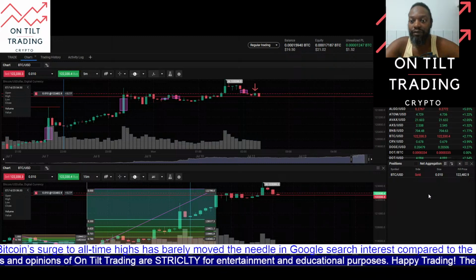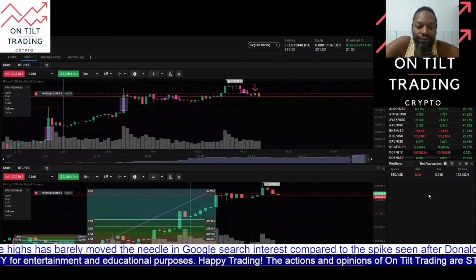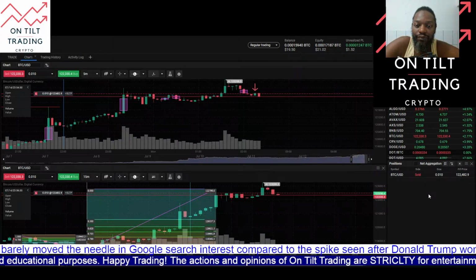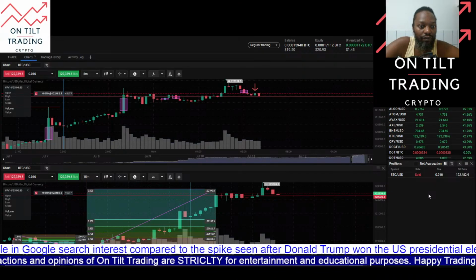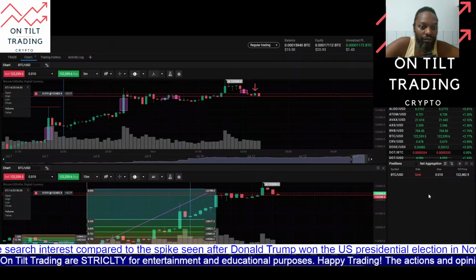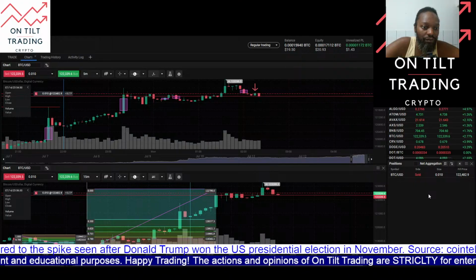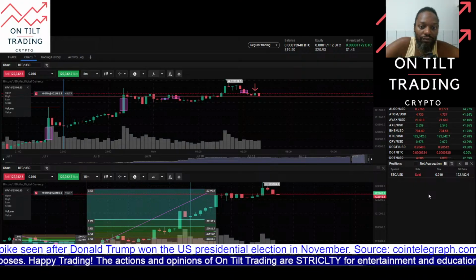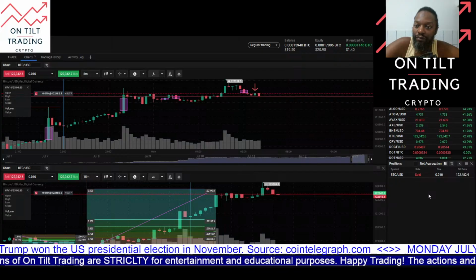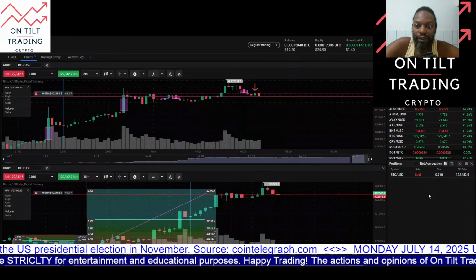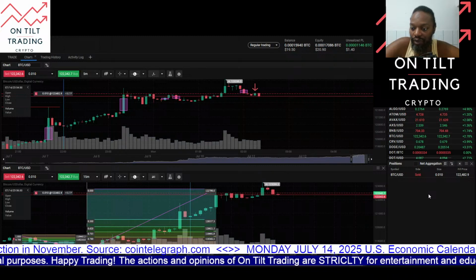Further sell side delivery here, 122.320. Consolidation. Price consolidating here between the 122.350 and 122.320 levels.